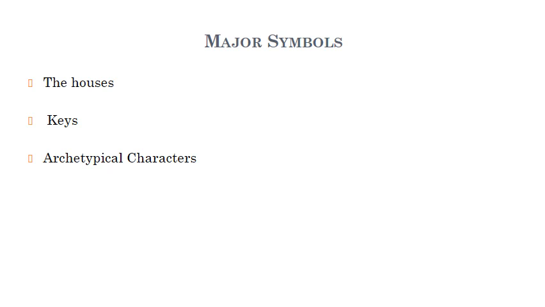Here we find the major symbols. Houses we find. Here Linton's house at Thrushcross Grange, and Wuthering Heights, Earnshaw's family. So in the beginning of the novel, we find Wuthering Heights owned by Heathcliff, and what type of a character Heathcliff is, all these things are reflected.